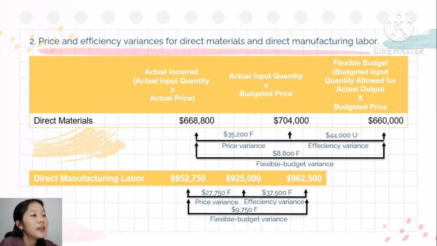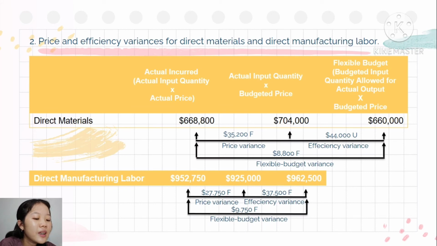And for the actual input quantity times the budgeted price, it's 18,500 hours times $50 per hour. It's 925,000.